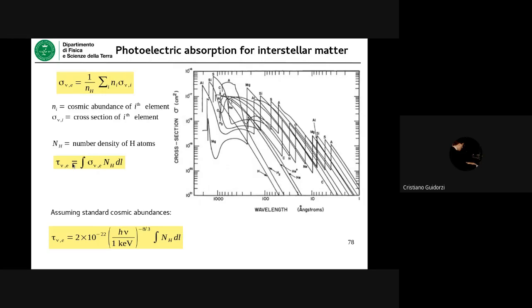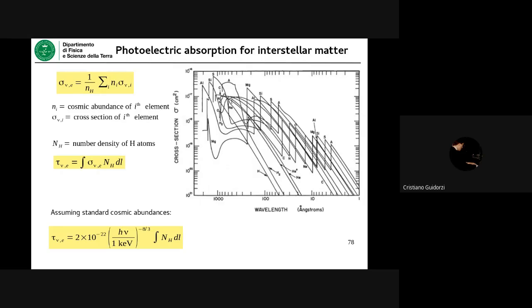So typically in astrophysics people assume given standard abundances, one of which can be the solar abundance, the relative abundance of elements that we observe in the sun's photosphere. So we have the abundance of each individual element in units of hydrogen abundance.